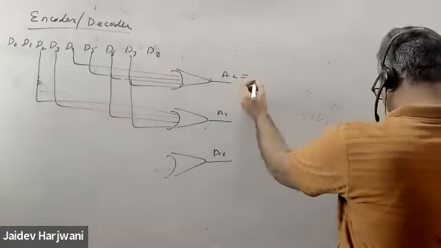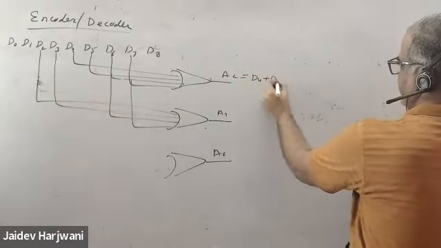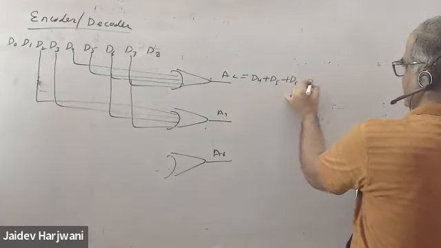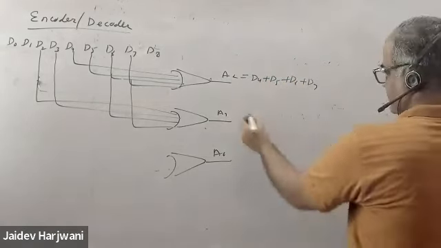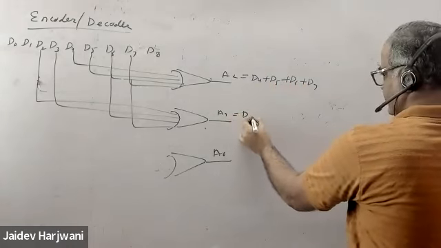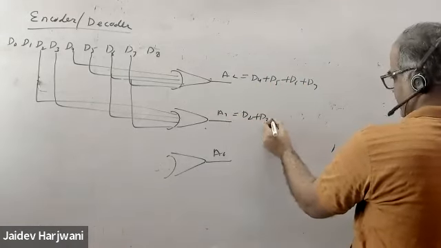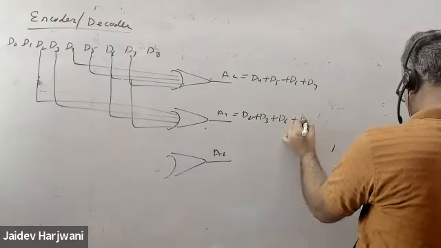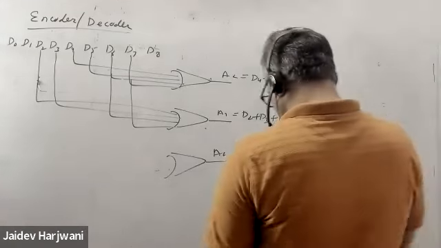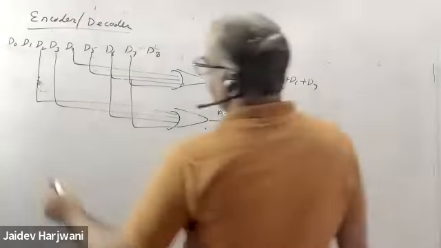So A2 is D4, 5, 6, 7, and A1 is D2 plus D3 plus D6 plus D7, and A0 is 1, 3, 5, 7.